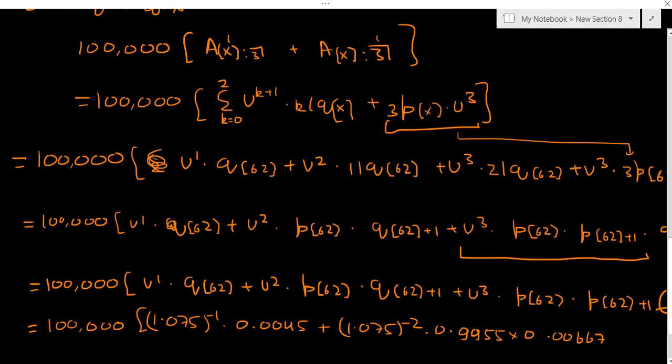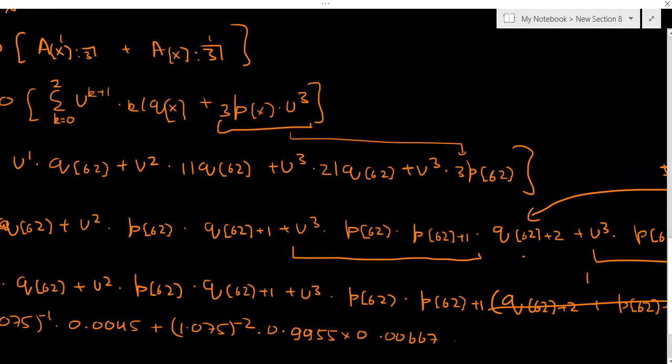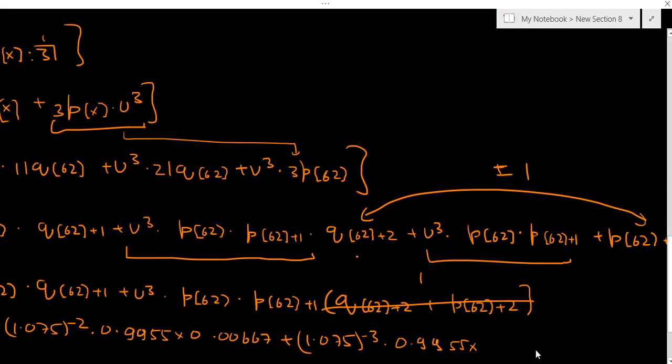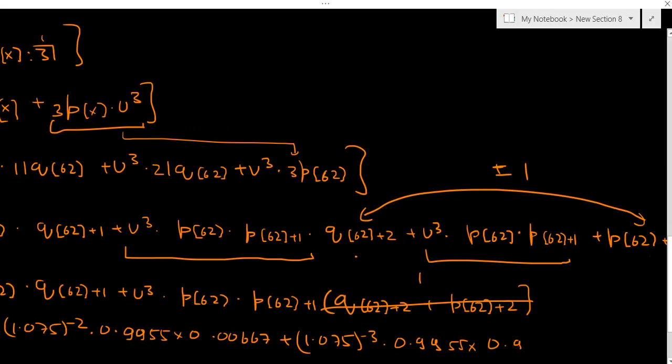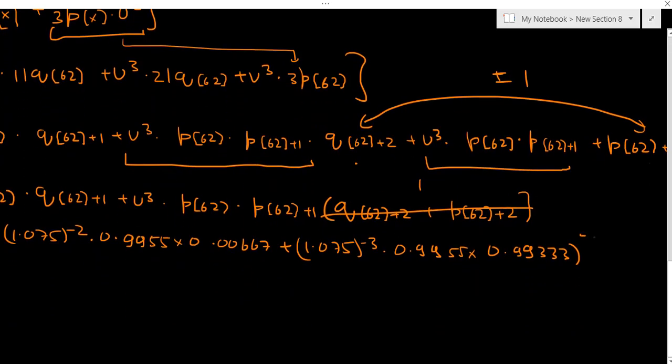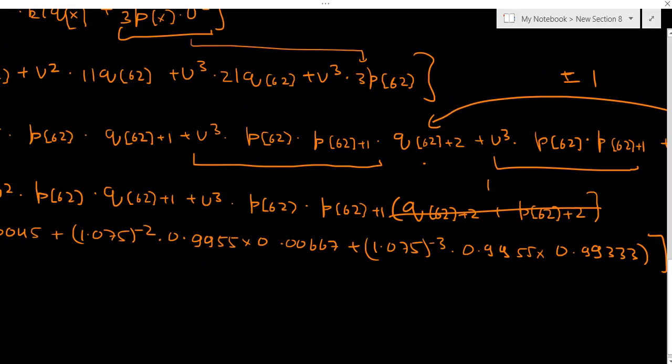Okay, this is what I have, plus v to the power of 3, that is 1.075 to the power of minus 3, into this factor. These two are just p62 and p62 plus 1, so they just become 0.9955 into 0.99333. Okay, we have calculated these two. So that is all for your answer.